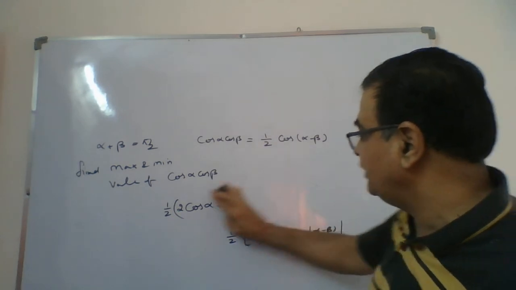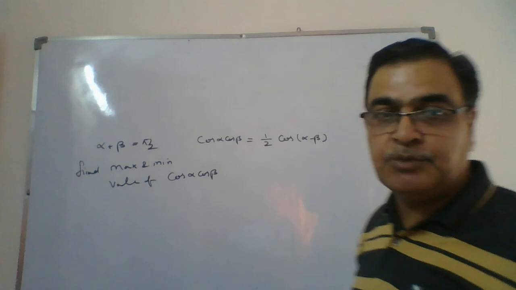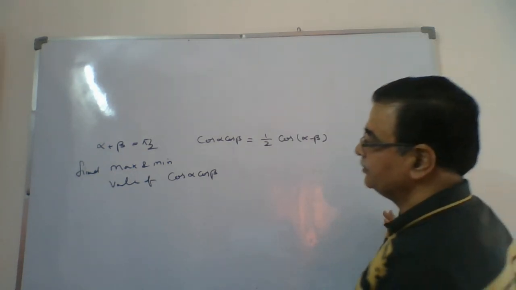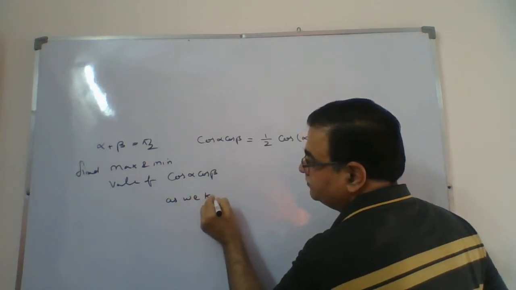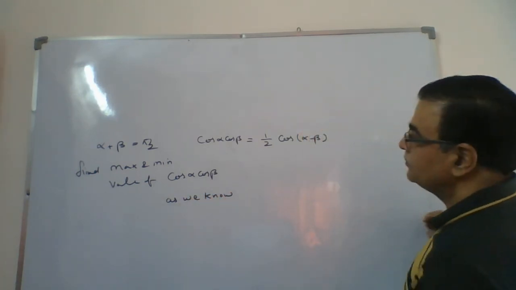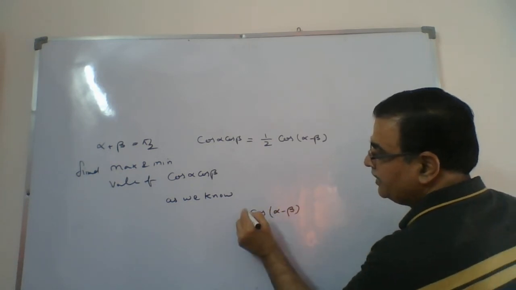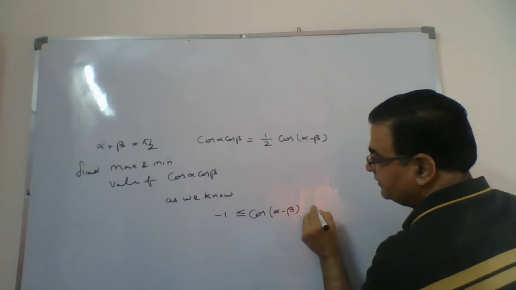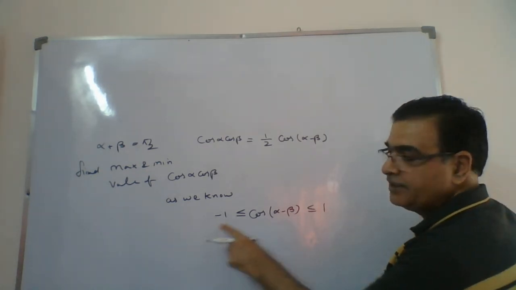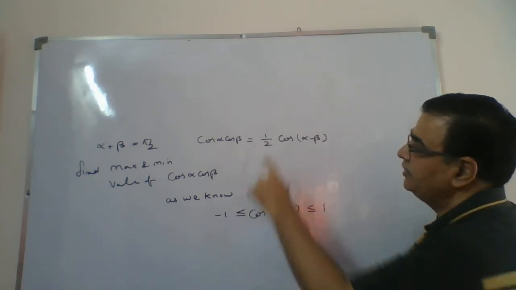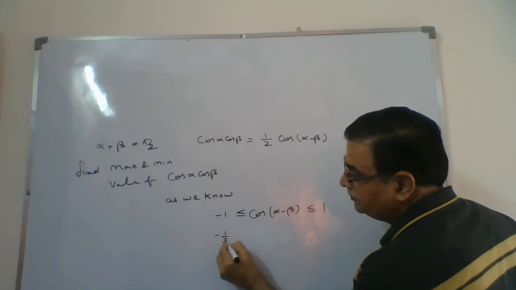After getting this result, we know that cos and sine have the maximum value 1 and minimum value minus 1. So cos(alpha minus beta) is always between minus 1 and 1. We want half of cos(alpha minus beta), so divide all by 2.